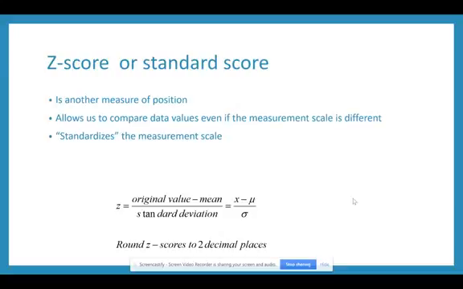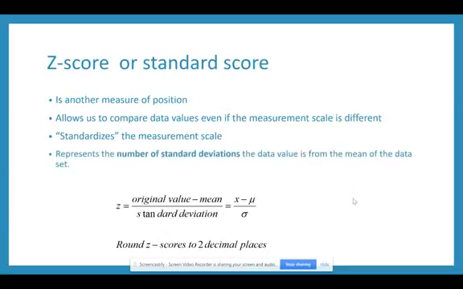So the Z-score, or sometimes called the standard score, standardizes that scale. And what it actually does is it converts from pounds or grams to standard deviations. Your unit of measurement for a Z-score is the number of standard deviations that your data value is from the mean. Remembering the mean is the measure of center.